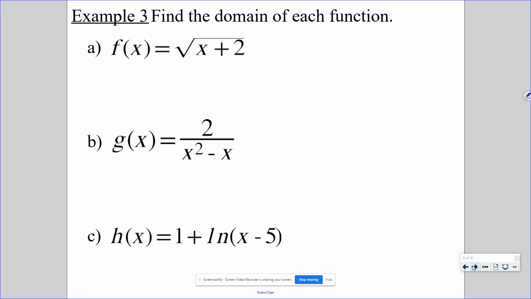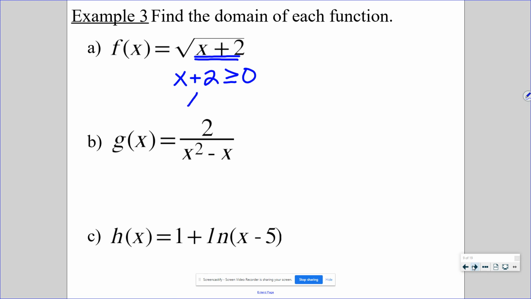So I'm going to say square roots have to be positive numbers. So I'm going to take the inside of the square root and write an inequality to show that this inside part must be greater than or equal to 0. Okay? And then I'm going to find out what x would need to be. And I'm worried about x because x is what determines domain.